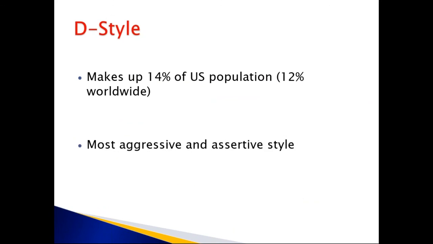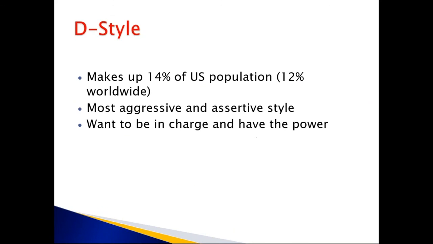So let's give you some more stats about the D style. It makes up 14% of the U.S. population and about 12% worldwide. And here's the key about these styles. As we talk through this, you're going to really come to understand these people are pretty easy to spot in a crowd.